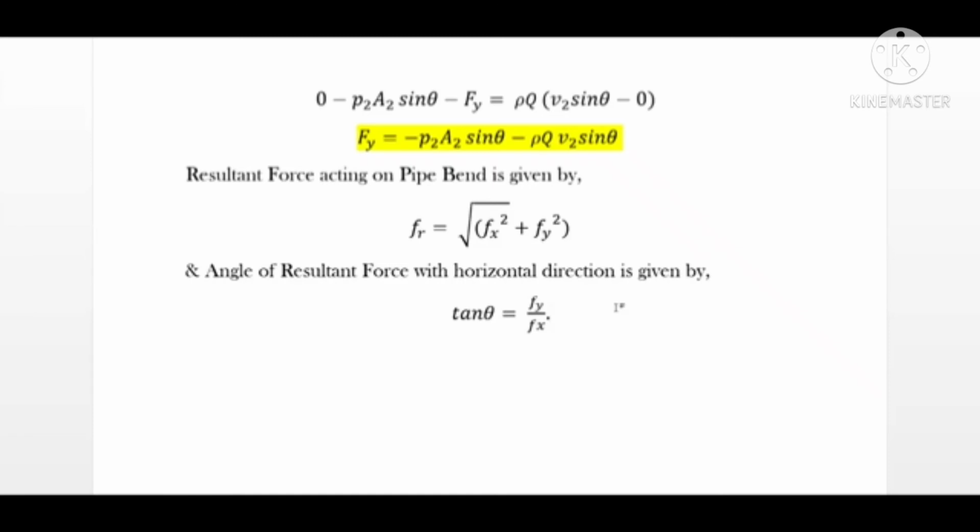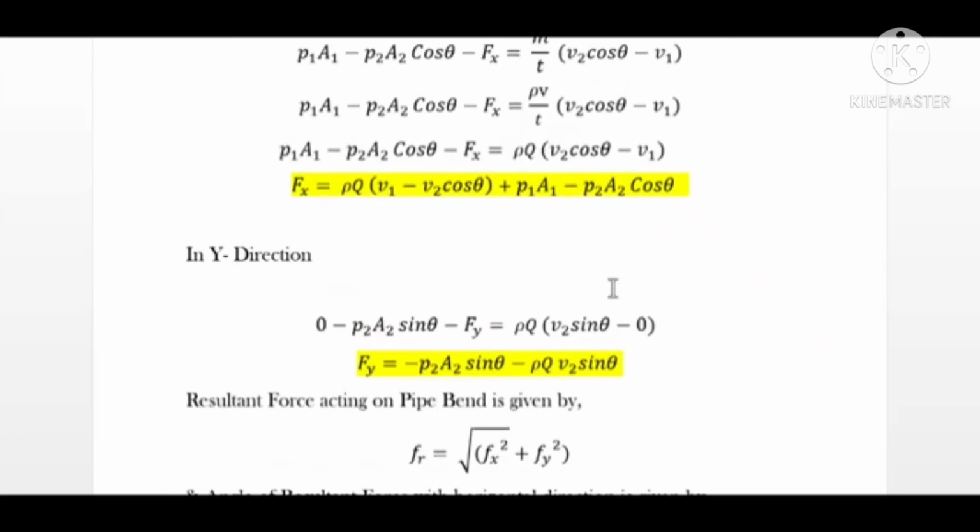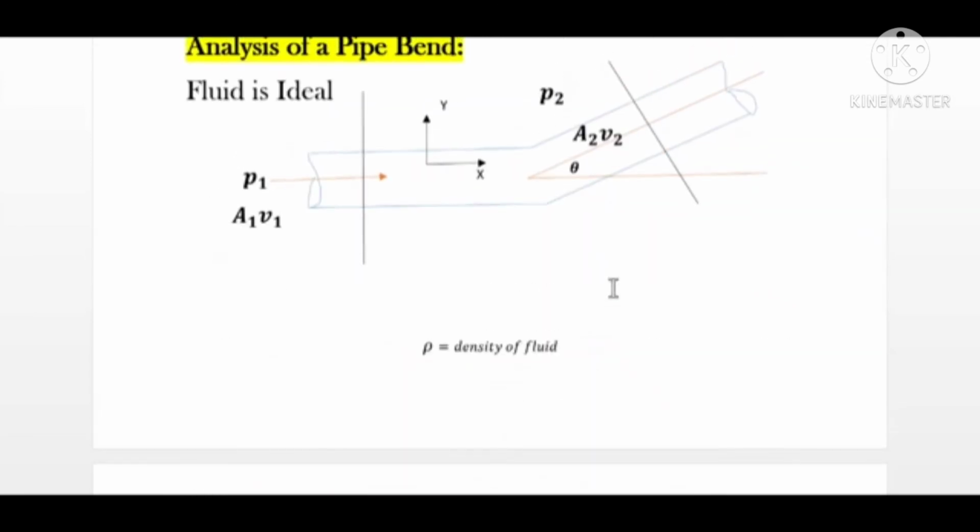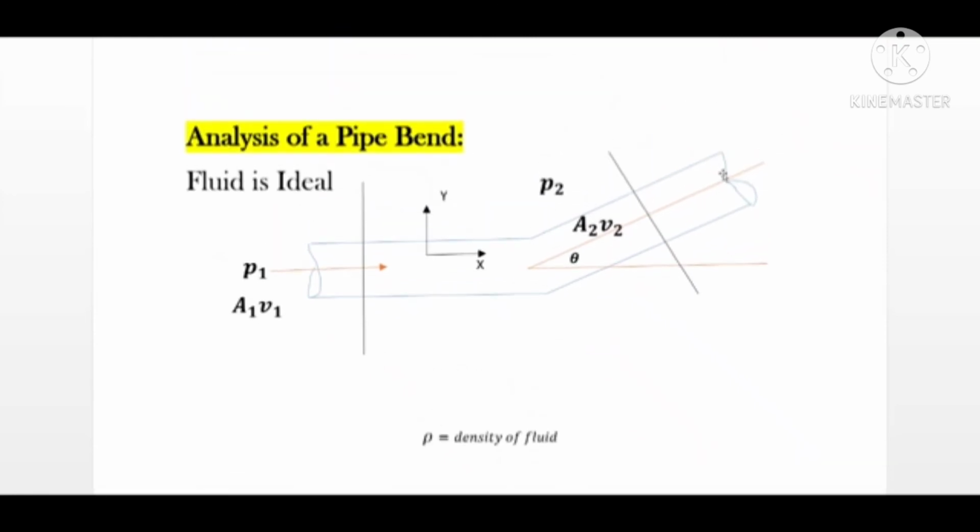So now if we are given any pipe system for which we know the pressure, area and velocity at any particular cross section, we can simplify things and find the force that is acting on the pipe bend, and accordingly we can design the pipe bends.